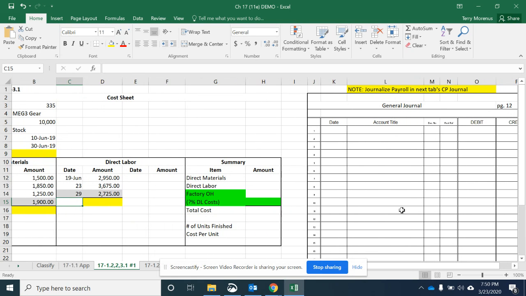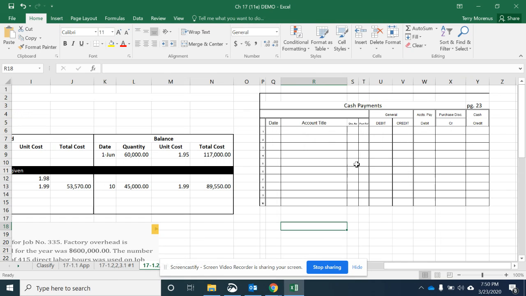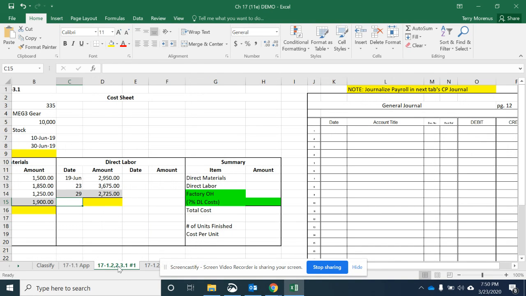The first one has to do with materials, and we'll journalize that in the general journal. When we get to payroll, we'll go over to cash payments in the next tabs. Let's go back to our 17-1-2 tab.